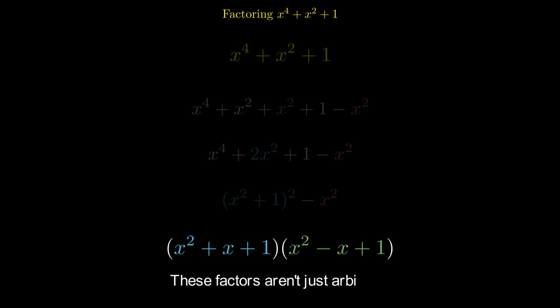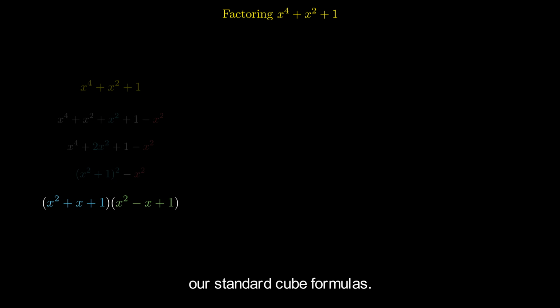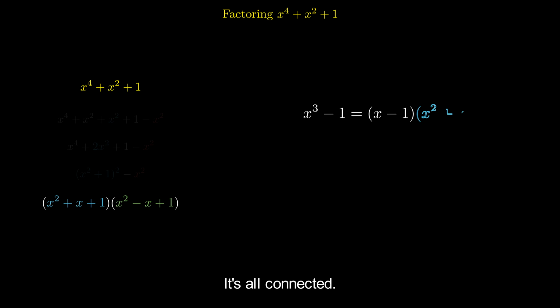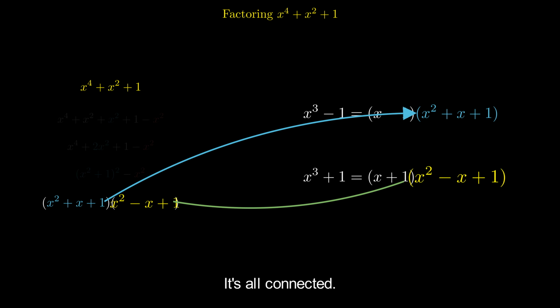These factors aren't just arbitrary, they're the quadratic parts of our standard cube formulas. One pops up in the difference of cubes, the other in the sum. It's all connected. When you multiply them back together, it's beautiful.